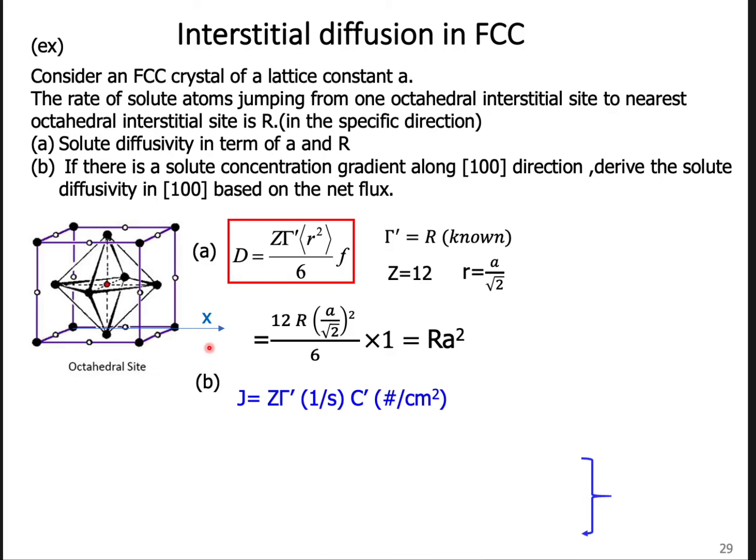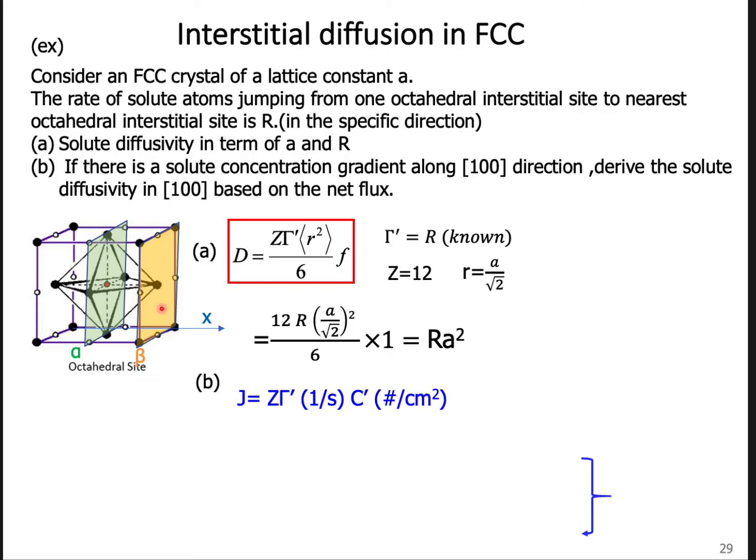Can you formulate the absolute diffusivity? You need to formulate the flux, so you define two planes perpendicular to the direction of the flux. We call them the alpha and beta planes.